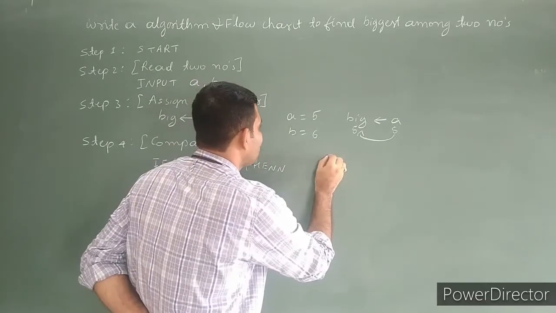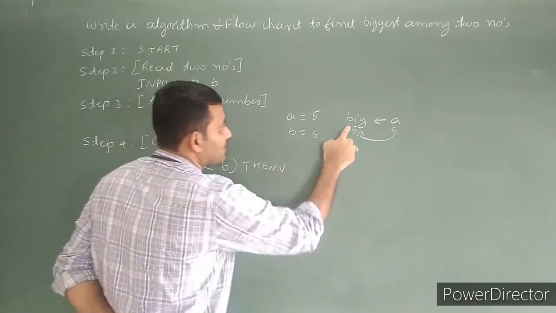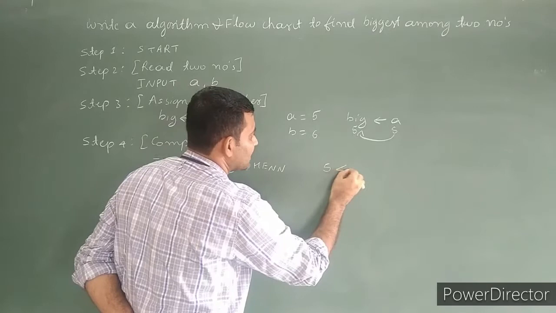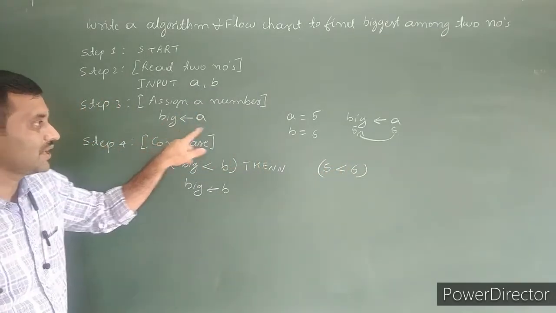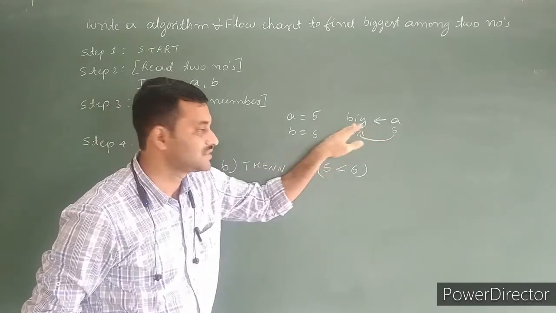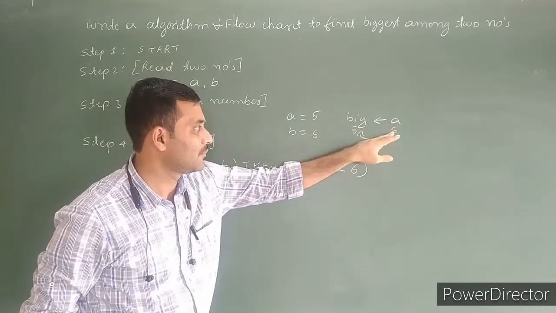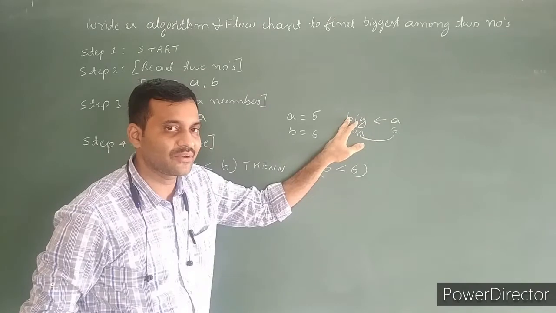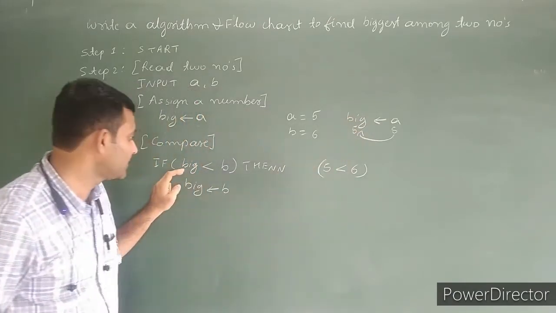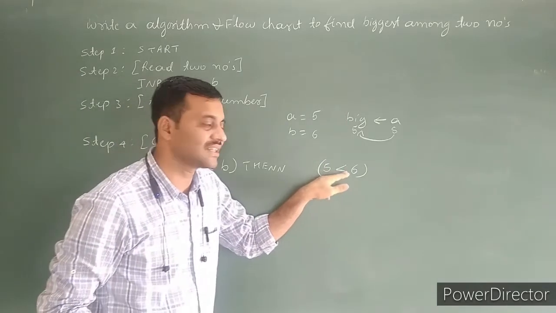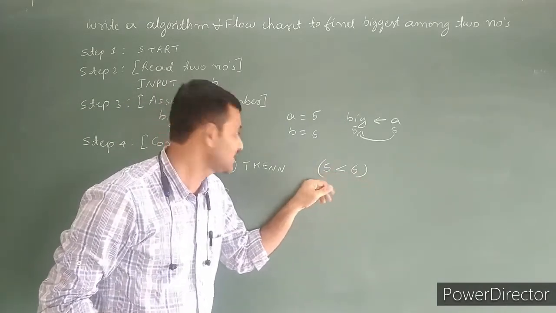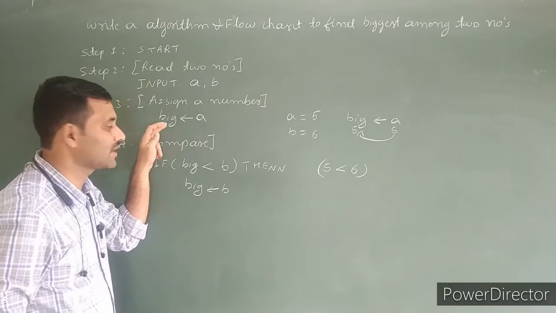So here we compare: big is less than B. What is the value of big? 5 is less than 6. The condition is true, so we have to reassign our assumption.